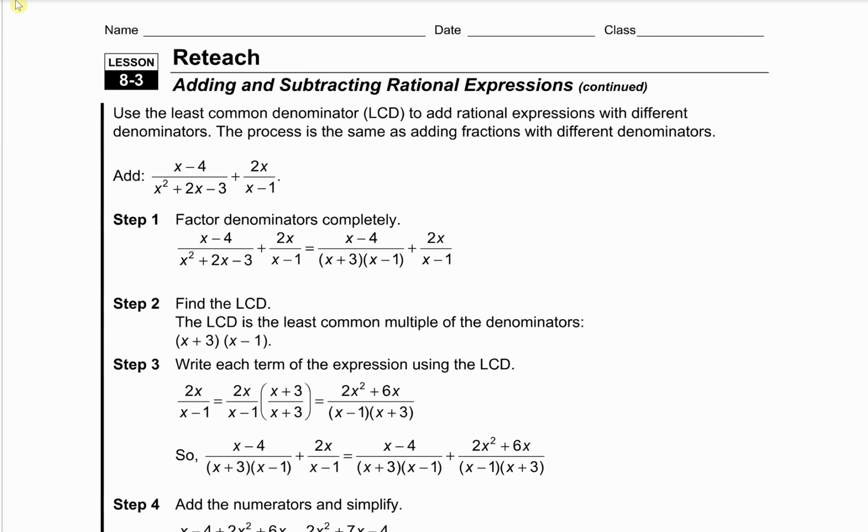If I have this one right here, my denominators are not the same, so I'm going to have to figure this one out. The easiest way to do this is actually to factor first. That's what they did. If you notice here in this part of the problem, they factored.